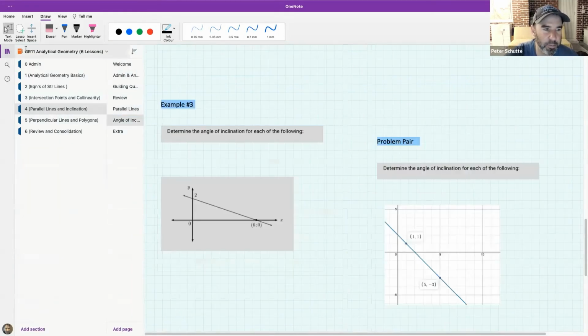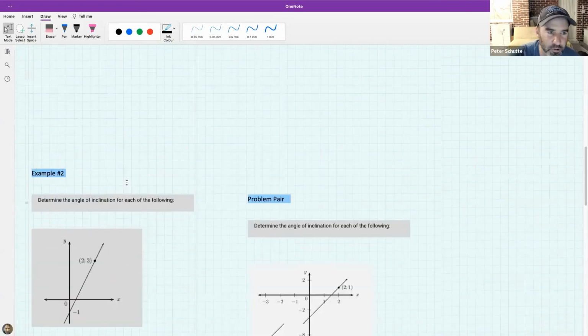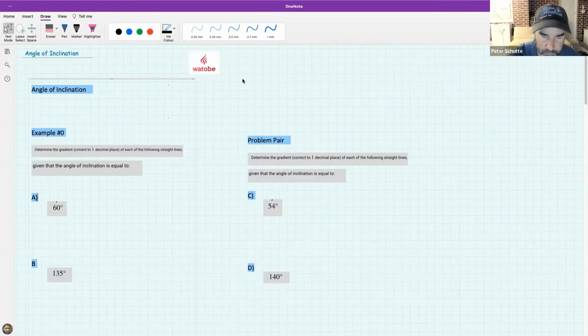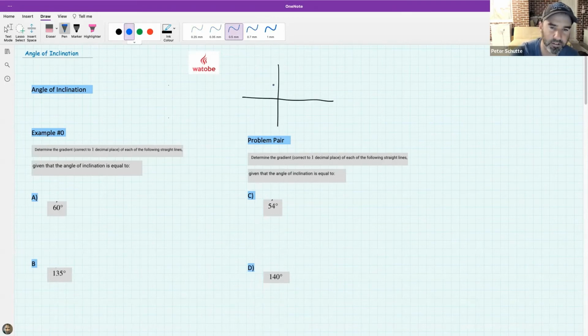Okay, let's just do the last part of the lesson. We're probably going to have to not do the whole thing yet. But one of the things I said at the beginning of the lesson was we're going to start working on this angle of inclination formula. Basically, if you imagine a straight line, we can work out a gradient for most straight lines.